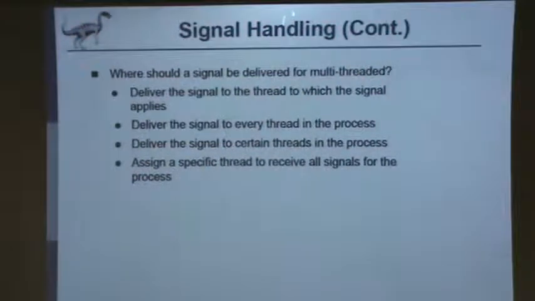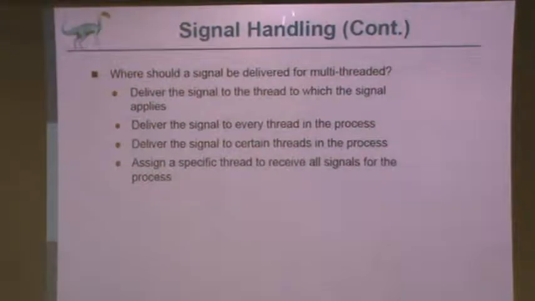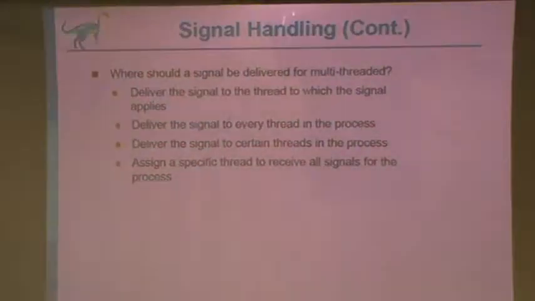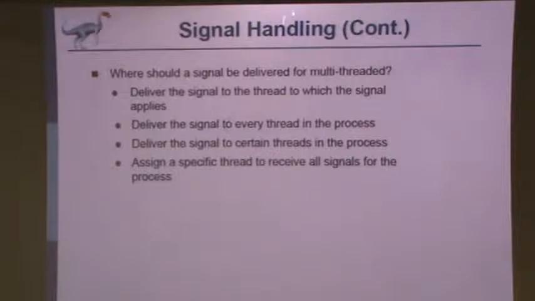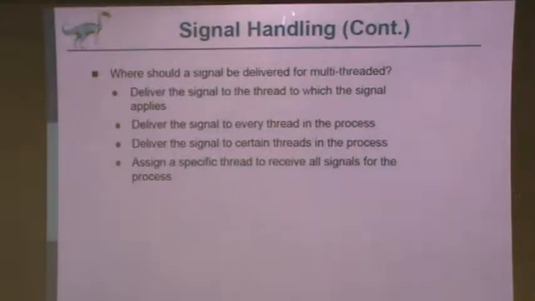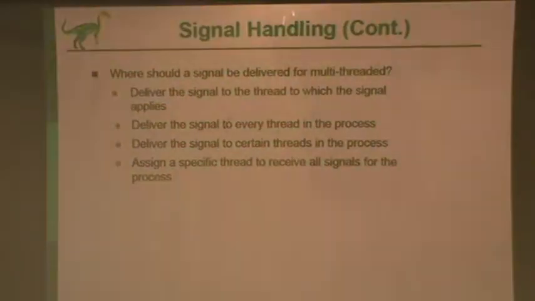There are different ways to deliver the signal in multi-threaded programs. One is to deliver the signal to the thread to which the signal applies. One example is that if you want to read data from the hard disk drive, you have to wait. Maybe there's I/O wait, or maybe the CPU is running another thread.